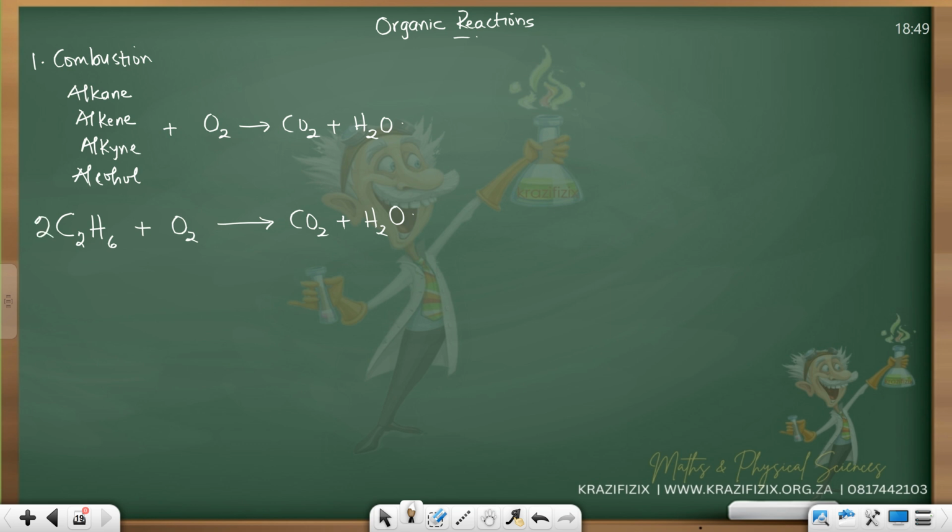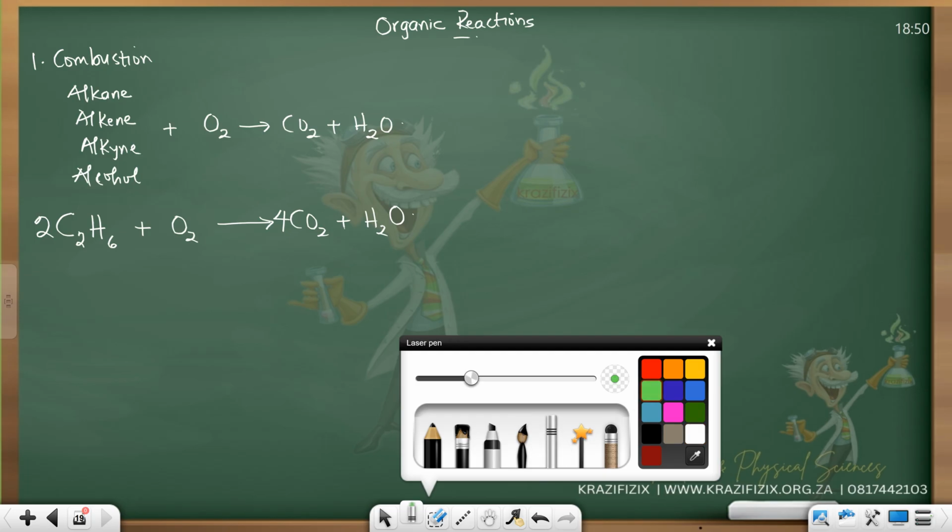Somebody says, should I always do that? For me, yes, only for this reaction. Once I put a 2 there, it means my carbon is now 4. So I'll go to the right-hand side and deal with the carbon. Carbon is 4. Lovely. First one is done. Second step, look at your hydrogen.